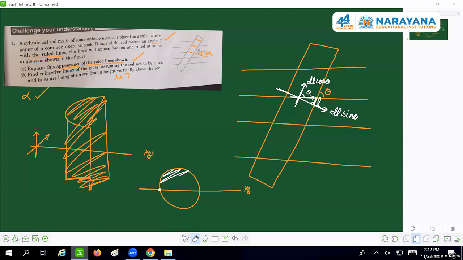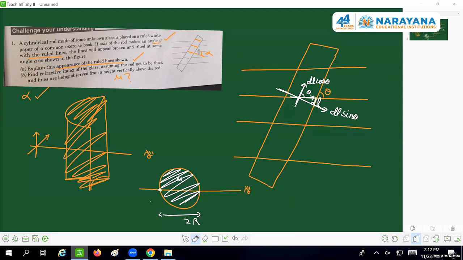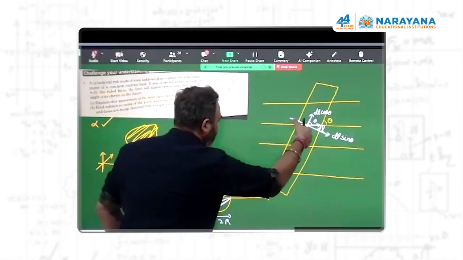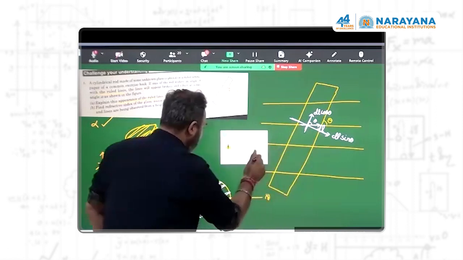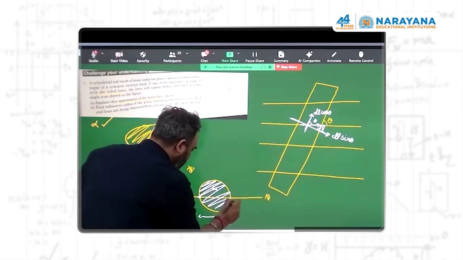If this is your cylinder, it has a refractive index mu, and this distance, let's say, is 2r, and you are observing from this side. So for an object which is kept just below the cylinder, if I am observing from top, I only have to look at the refraction which happens with respect to this pole.